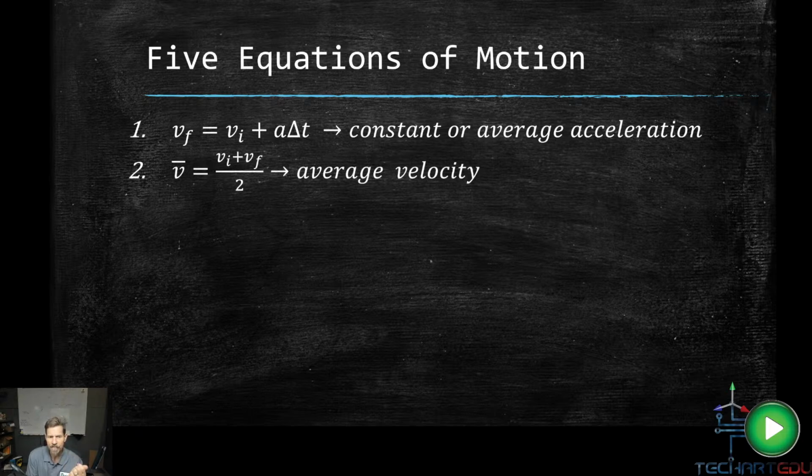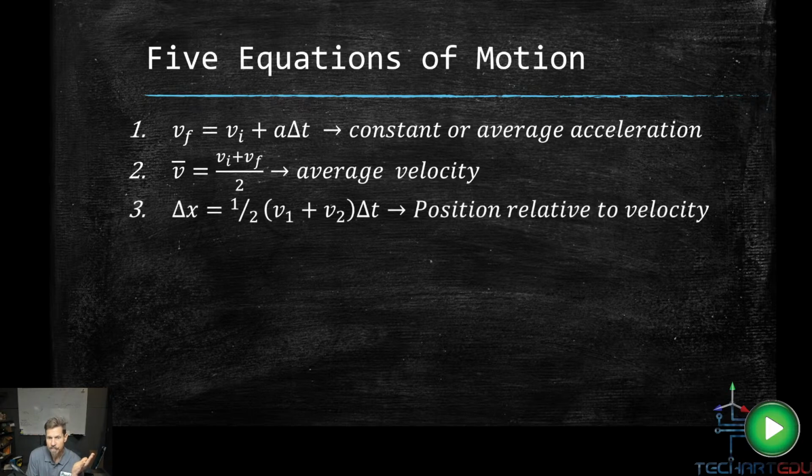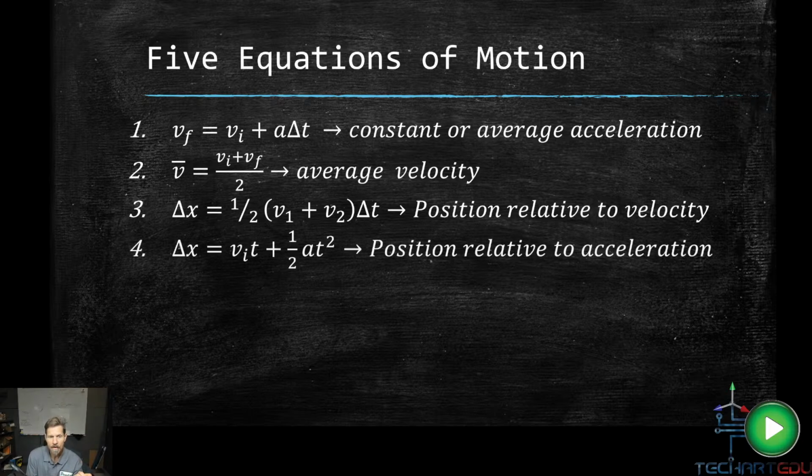Then the average velocity is really just the average of your first velocity and your second velocity. You add them together, divide by 2, and you get the average velocity. That's nothing too hard. If you wanted the amount of space that you moved during that time, it's just the average velocity times the time, and that'll give you a change of position. That's kind of obvious.